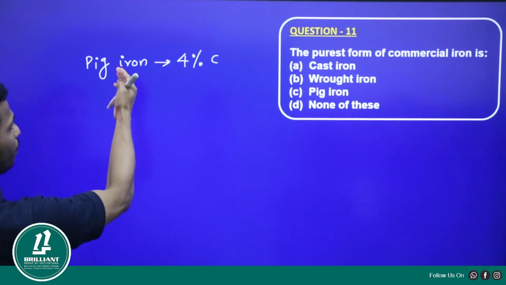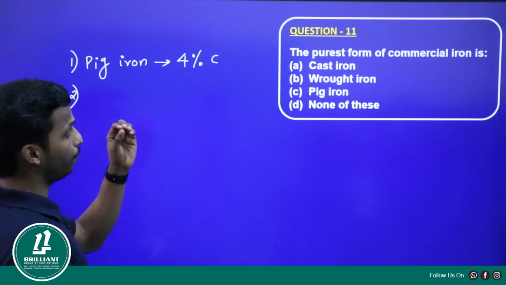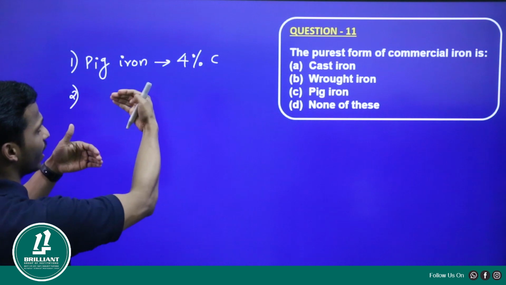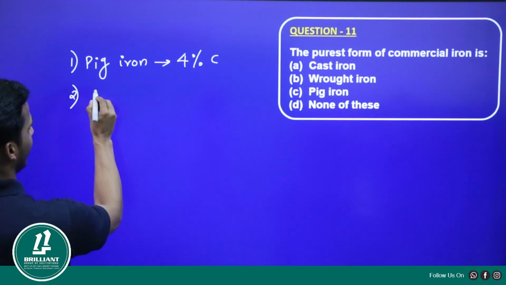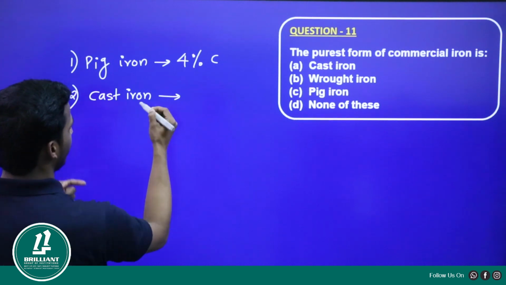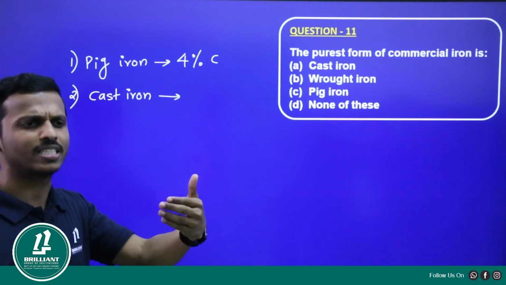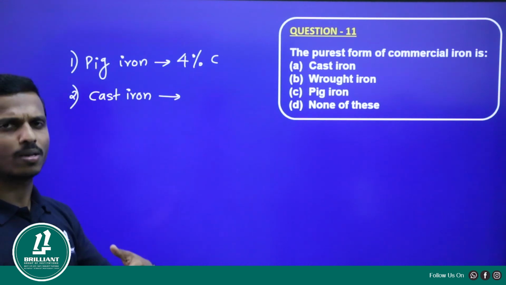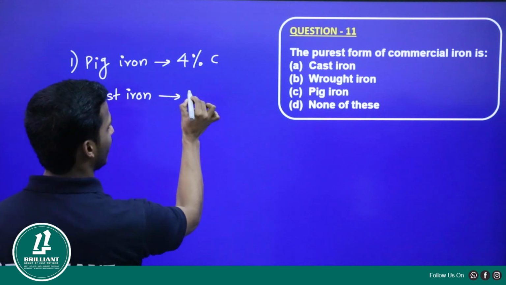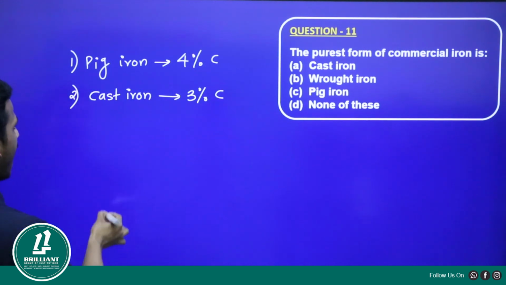Pig iron is the most impure form of iron, but the question is the purest form of commercial iron. The pig iron can be converted to another one, that is called cast iron, right? From pig iron you can make a somewhat purer form of iron, called cast iron, and it contains only around 3% carbon as impurity.